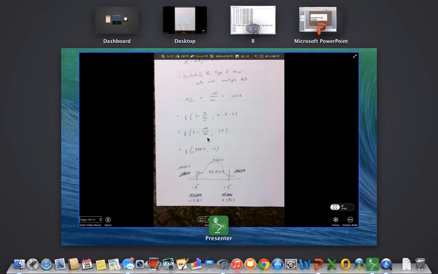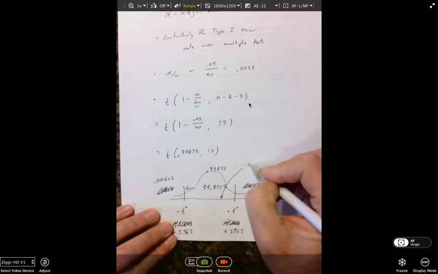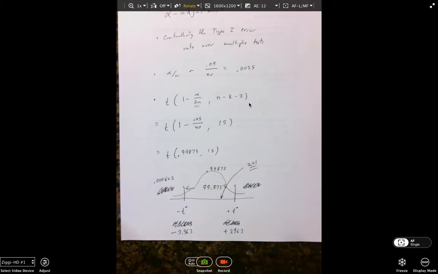So we can go back over here and see that 2.01 would fall in our fail to reject region. So there's no reason to delete that case because its effect on our model isn't statistically significant. So deleting that really doesn't change things statistically.